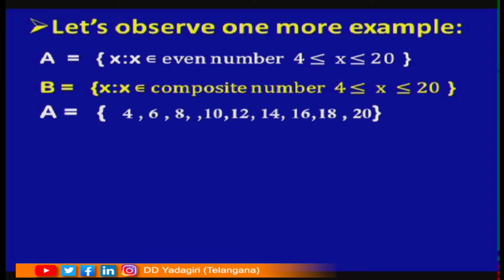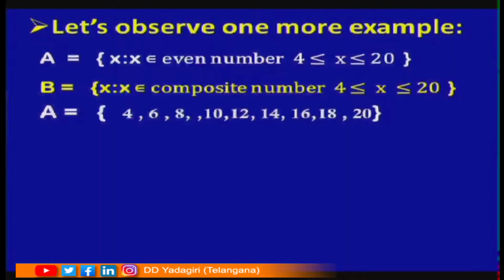A is {x such that x is an even number, 4 ≤ x ≤ 20}. That means you have to take 4. So, these conditions are very important while converting a set from set builder form to roster form.